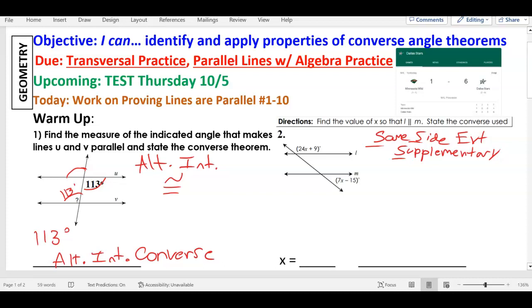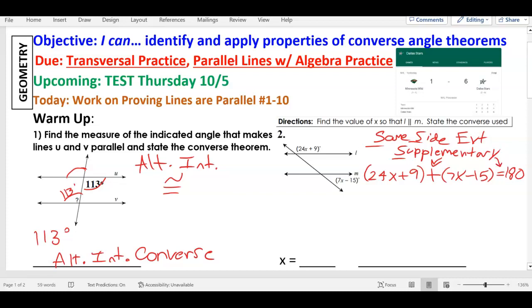Check it out. We're going to take the two angles. So 24x plus 9, and instead of an equal sign, we're putting a plus sign. 7x minus 15 equals 180. That's what supplementary means. Add them equal to 180.